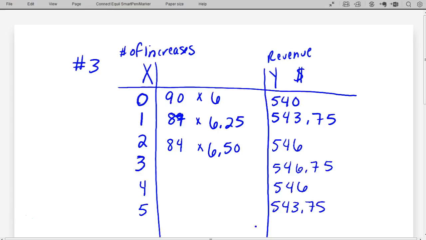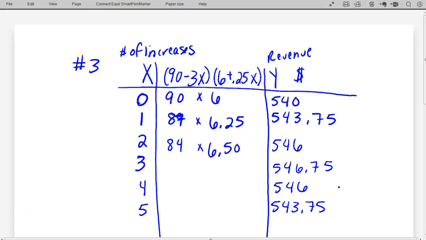Or what you can do is, I think if you thought about it like Travis did that one time, the equation we could put right here is that we start off with 90 people, but we lose 3 every time it increases, times $6 is what we start off with, plus we add on to $6 25 cents every time we're increasing.